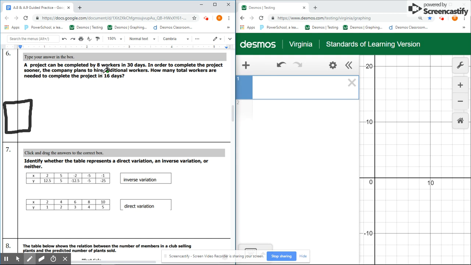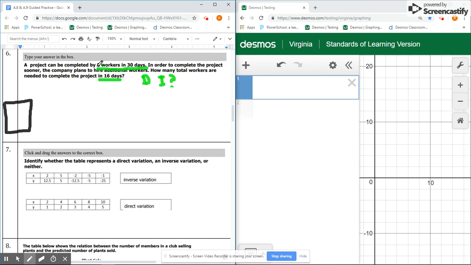So we need to think. It takes 8 workers 30 days to complete a project. They're going to hire more workers and expect it to be completed in 16 days. So is this going to be direct or inverse variation?